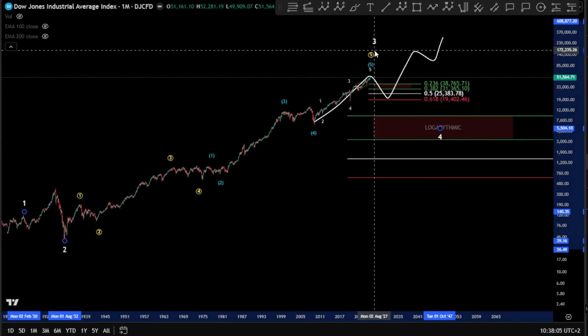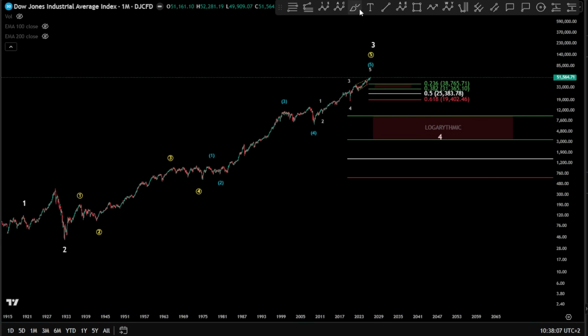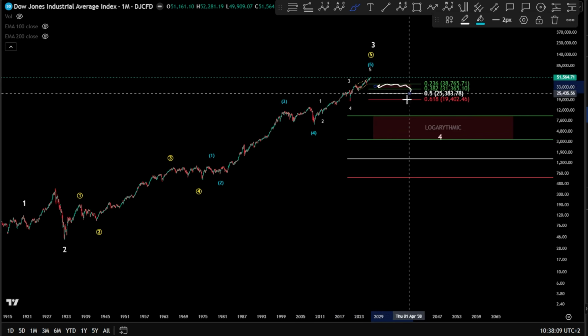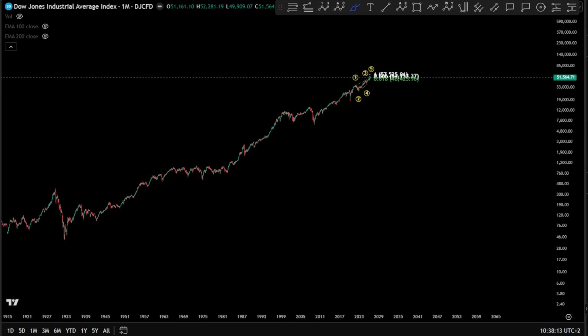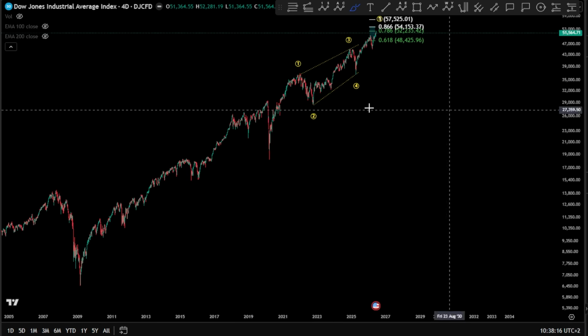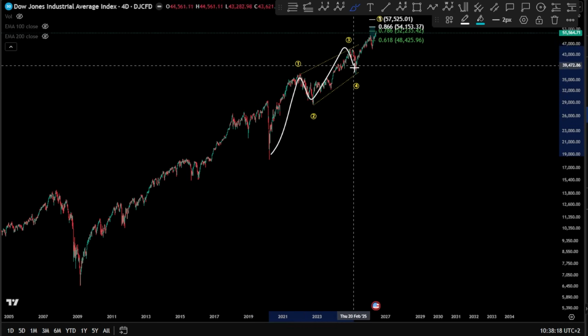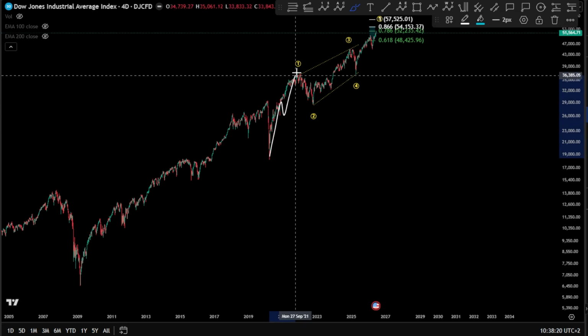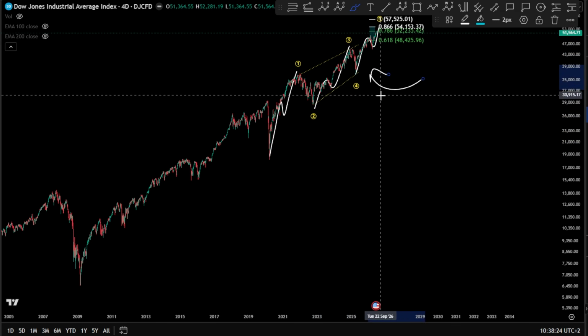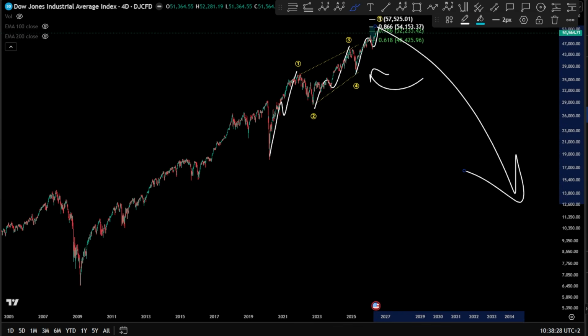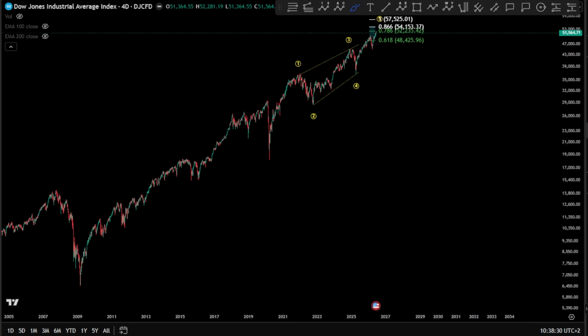If this happens, that means, of course, we need at least to test this area 38K 767. And that means, of course, on the daily here, we can be also in an ending diagonal 1, 2, 3, 4, 5, especially that you have a zigzag, zigzag, zigzag. When you have an ending diagonal, meaning, of course, we are finishing up a structure here and we're looking for a deeper correction to unfold.